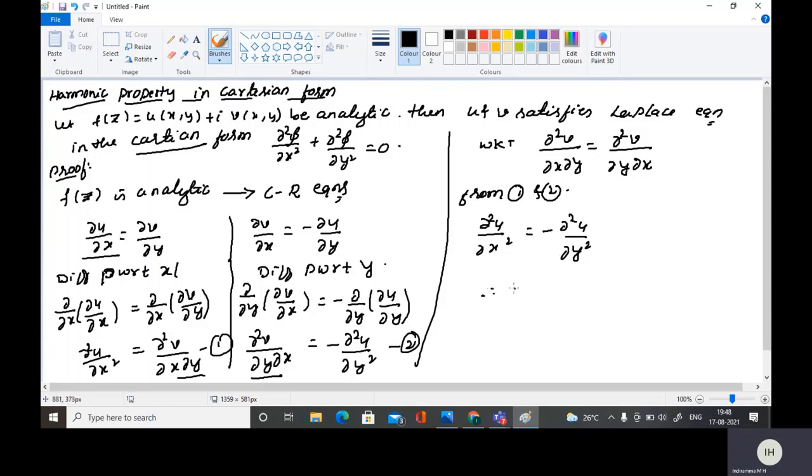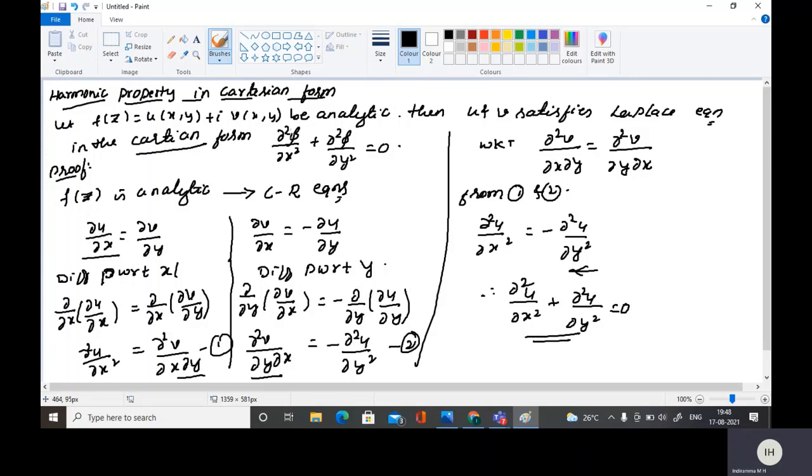Therefore, if you take this to the LHS, ∂²u/∂x² plus ∂²u/∂y² is equal to 0. So this is the required harmonic property in the Cartesian form.